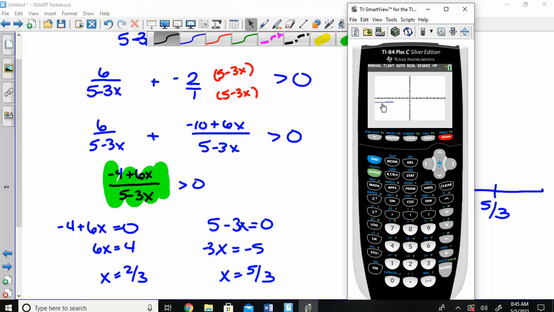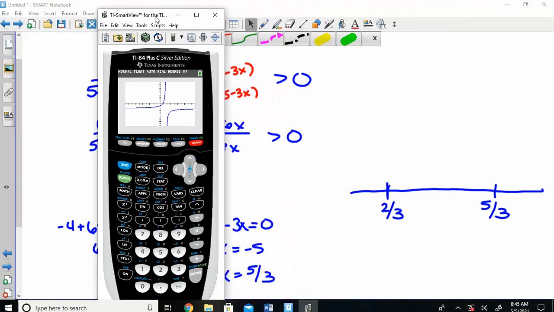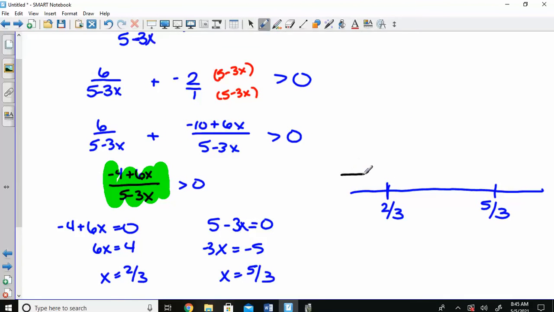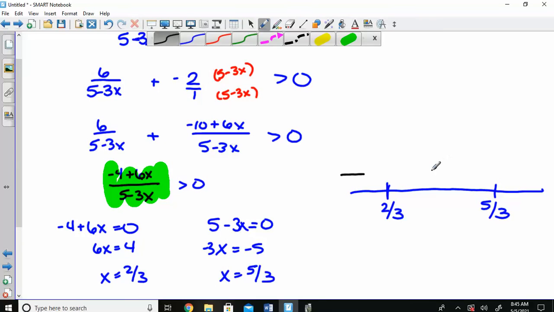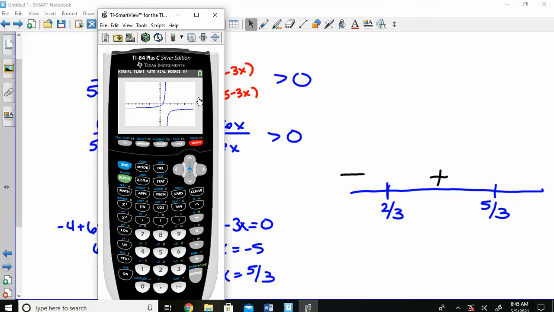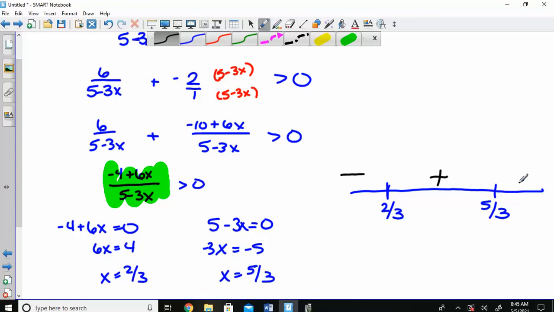Okay, so I can see, before I get to 2/3, my graph was below the x-axis, right? So it's negative. After 2/3, my graph is above the axis, so that is positive. After 5/3, my graph is below, which is negative.